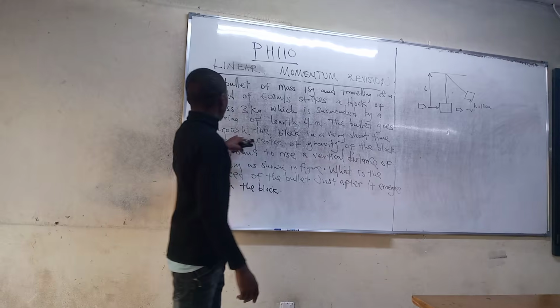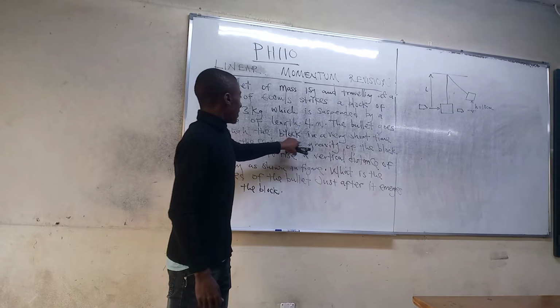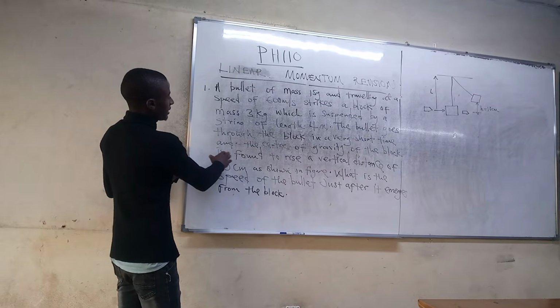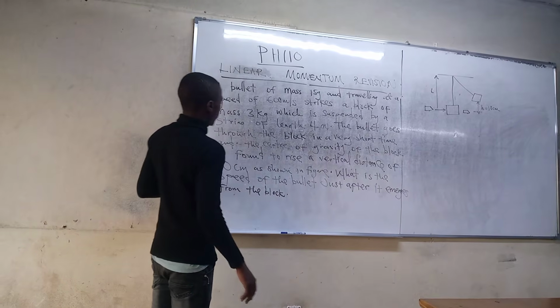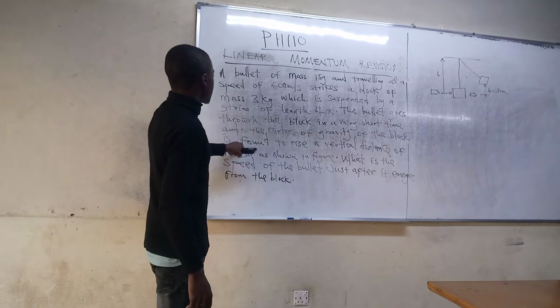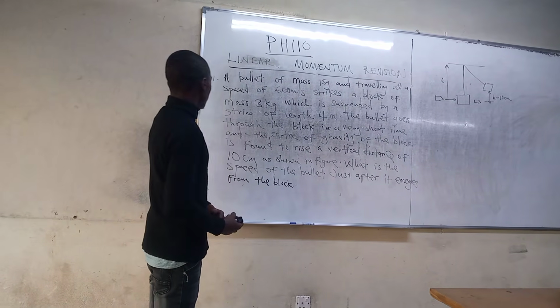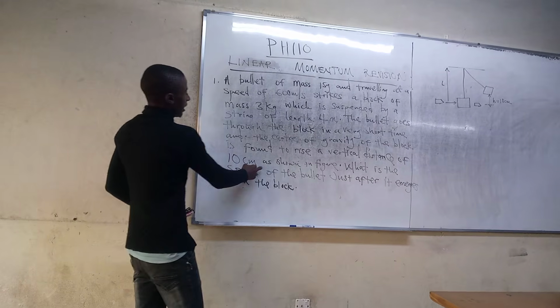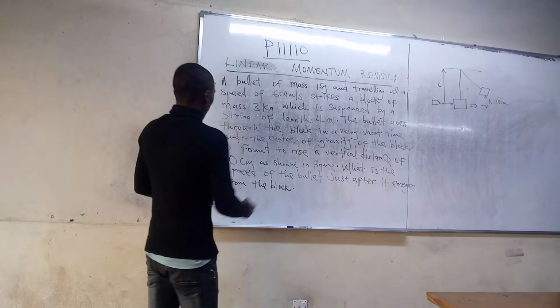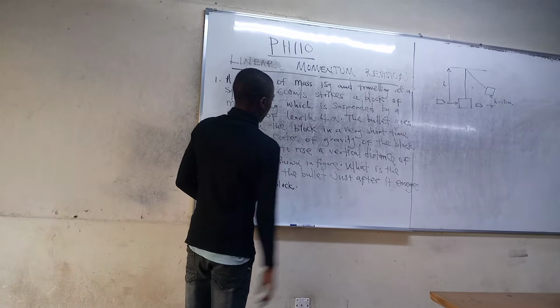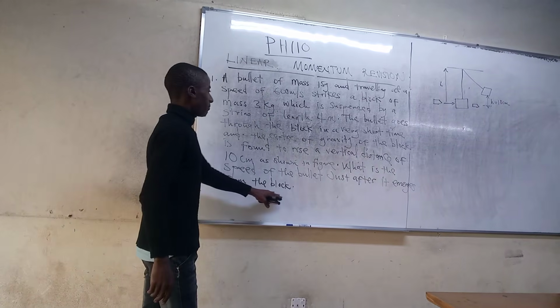The bullet goes through the block in a very short time, and the center of gravity of the block is found to rise a vertical distance of 10 centimeters, as shown in the figure. What is the speed of the bullet just after it emerges from the block?